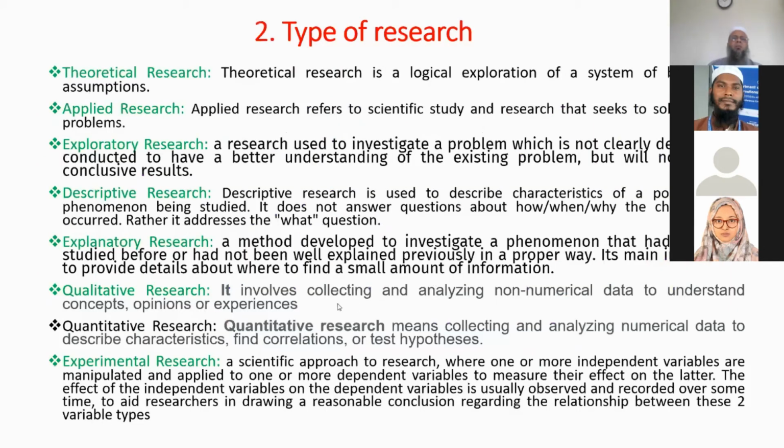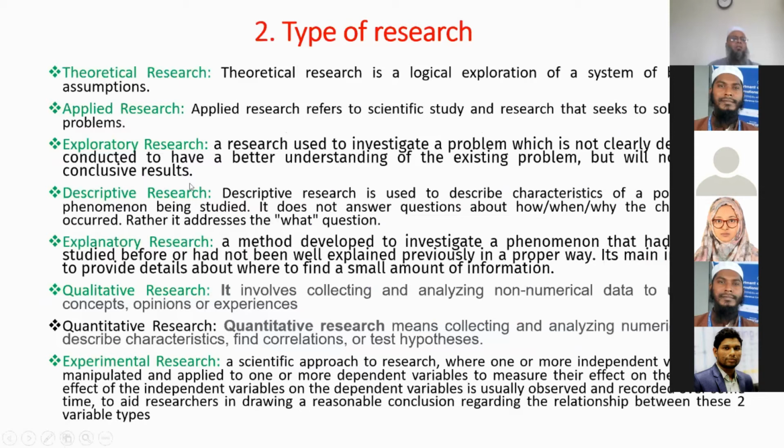There are many types of research, including theoretical research, applied research, exploratory research, descriptive research, explanatory research, qualitative research, experimental research. In theoretical research, what happens here? We confirm the theory, or we extend the theory, or we develop the theory, and we want to advance the knowledge to understand the world in a better way.